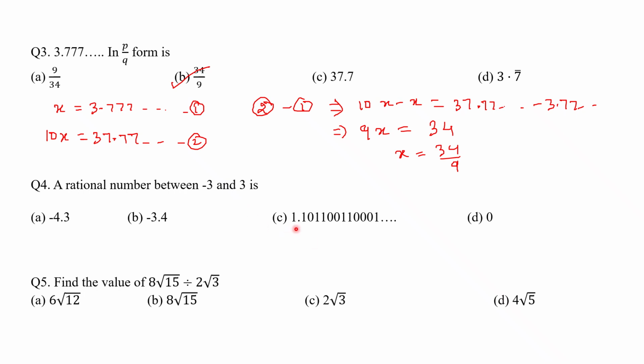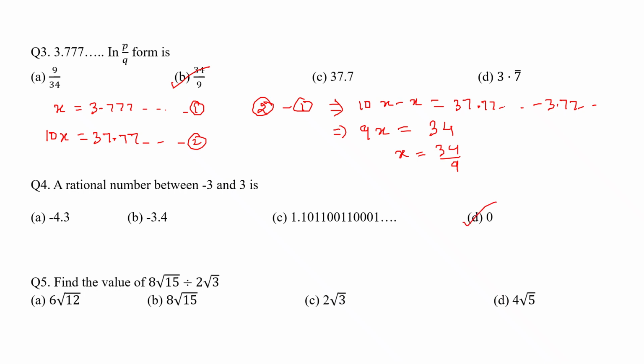And here we have 1.101, then 1001, then 10001. Here it is never ending, and moreover the pattern is also not repeating. So C is not a rational number, so C is also not the correct option. Next is 0. Now 0 is a rational number and it lies between minus 3 and 3. So from here we can say D is the correct option.